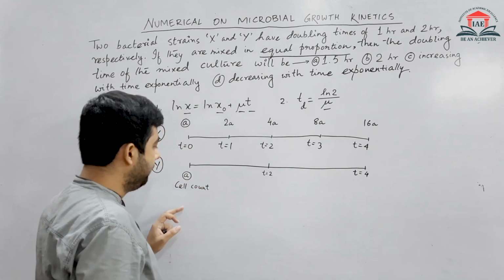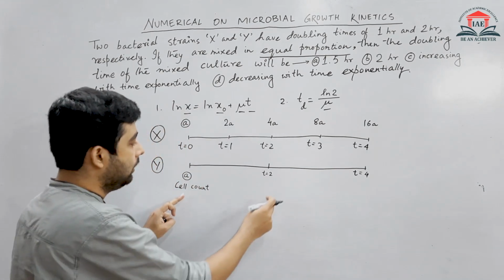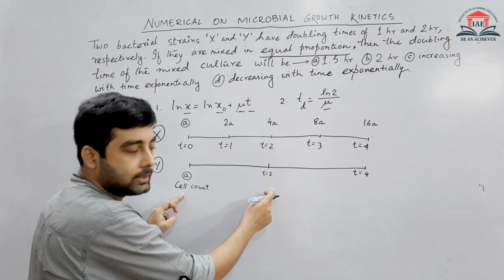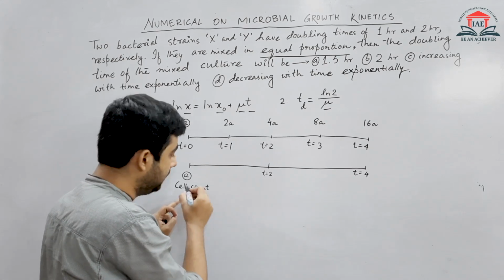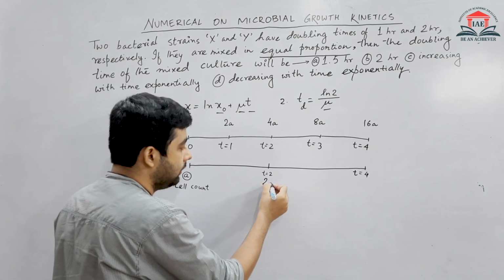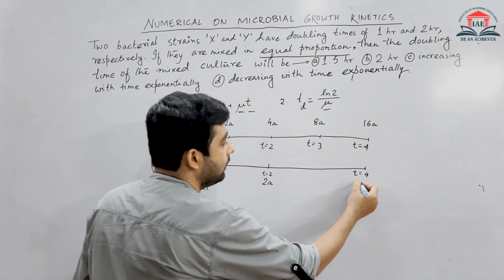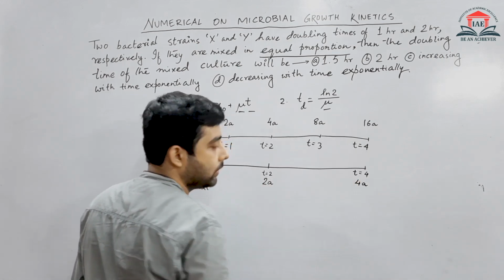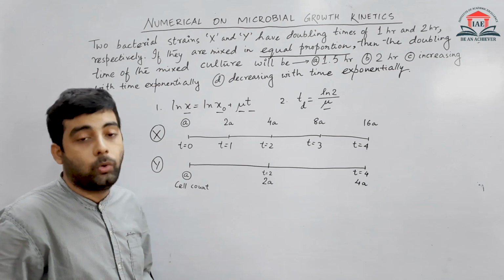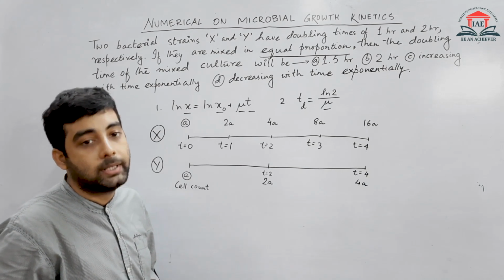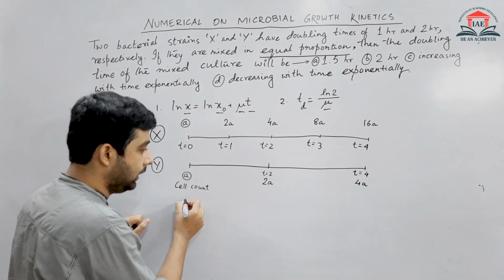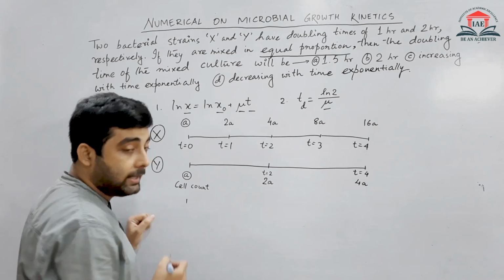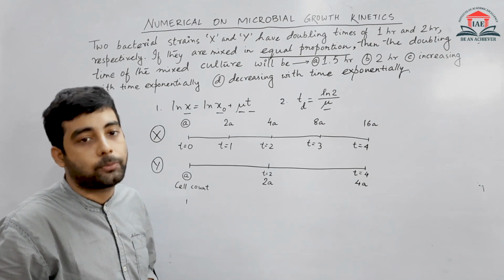Right? For the Y population, its doubling time is 2 hours. So after 2 hours, this will be 2A and this will be 4A. Now what happens about the mixed consortium? In the third case, we have mixed both the bacteria in equal proportion.